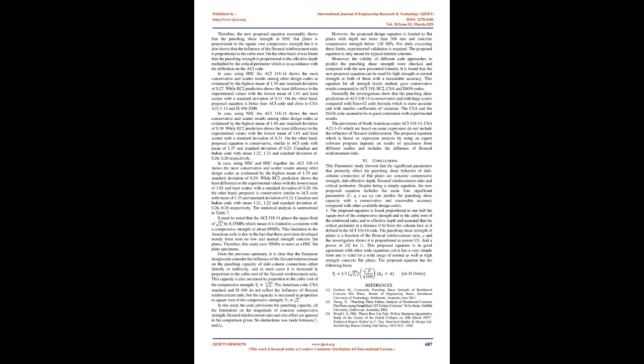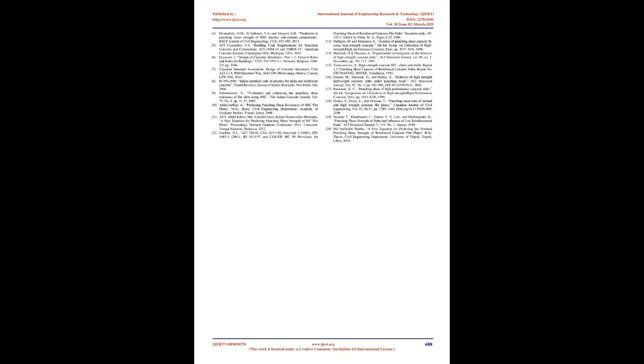Generally, the investigations show that the punching shear predictions of ACI 318-14 are conservative and with large scatter compared with the Eurocode 2 formula, which is more accurate and with smaller coefficients of variation. The CSA and the IS 456 codes seem to be in good correlation with experimental results.